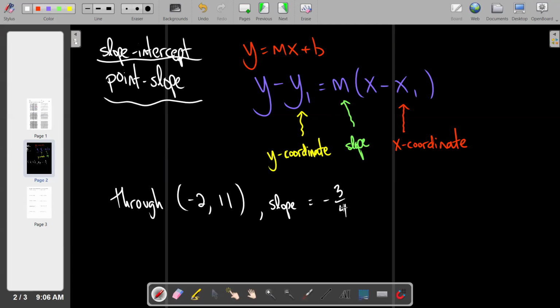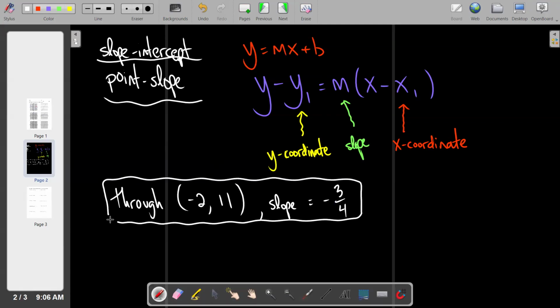You can do it using point slope. I mean, you could do it other ways, but the quickest, easiest, most convenient way to do it is with point slope. So what would my purple equation change into if I used this information to write it?